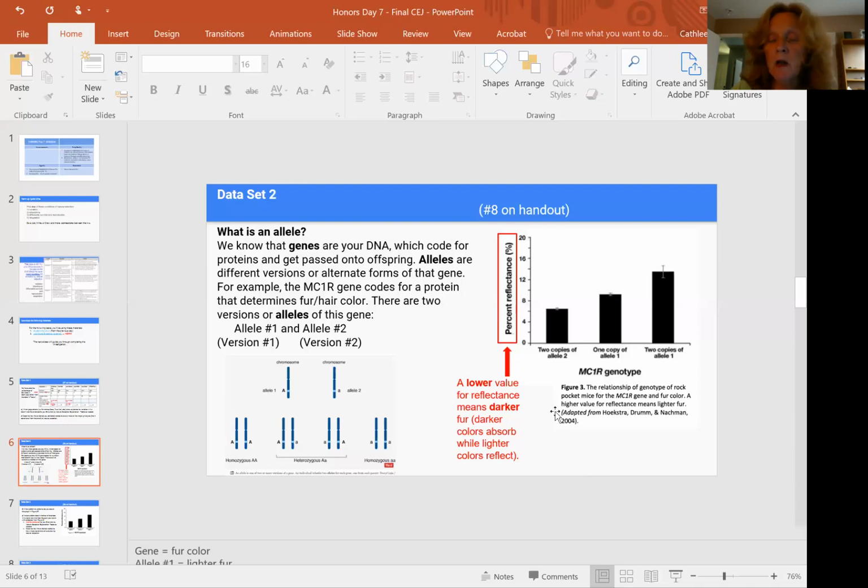If you remember, a lower value of reflectance means darker fur, meaning darker colors absorb while lighter colors reflect, right? So are you able to determine which must be the darker fur and which must be the lighter fur? Go ahead and stop, go back and add anything that you can to your table.